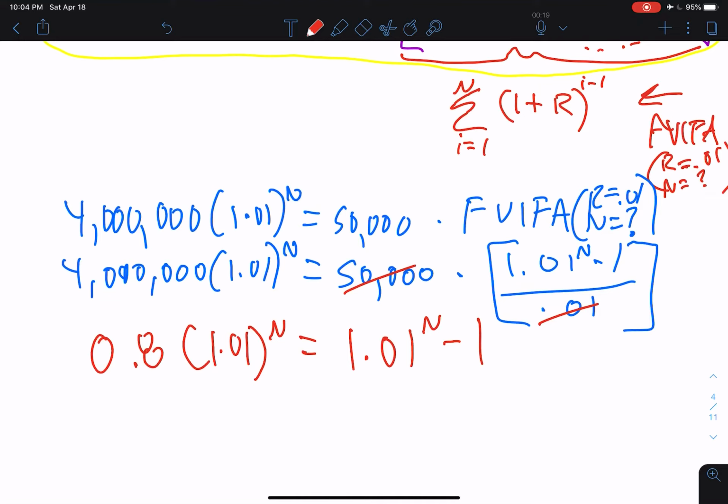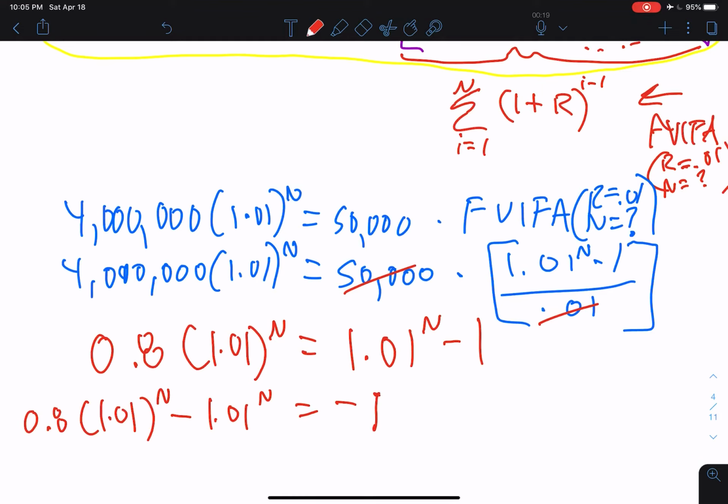So next, let's bring all the 1.01 to the n terms to the left-hand side, which means I'm going to subtract 1.01 to the n from both sides. Then I'll get rid of it here and bring it over here. So I'm going to have 0.8 times 1.01 to the nth power minus 1.01 to the nth power equals minus 1.